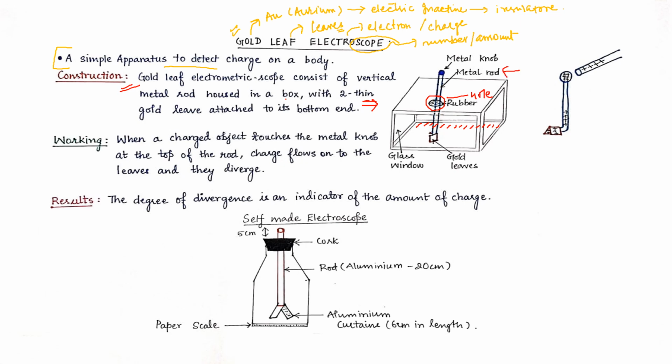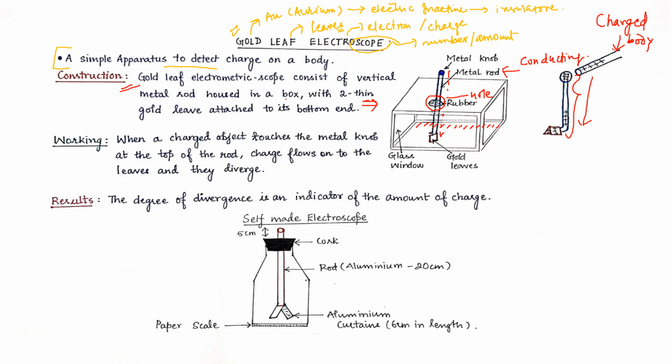We have introduced a metal rod which is conducting in nature. If this is not conducting in nature, how will these charges go from this rod down to the leaf? This is our rod, and these charges come from a charged body, the charged body whose charge we need to know using an electroscope.